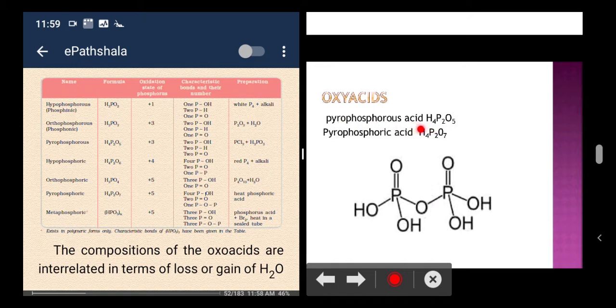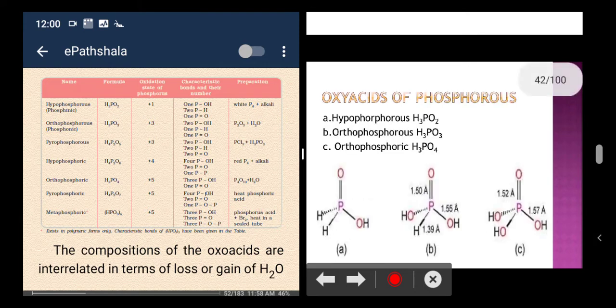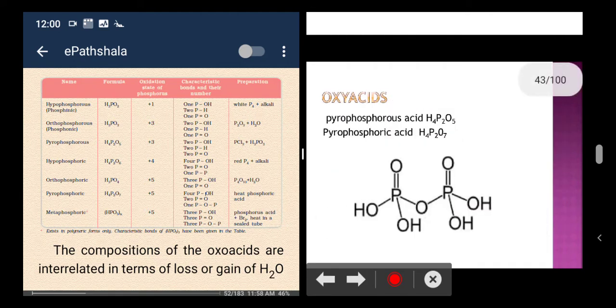Pyrophosphorous acid H4P2O5 and pyrophosphoric acid, that is H4P2O7. You have to be very careful on these structures. Orthophosphoric is that, and pyrophosphoric acid is H4P2O7.